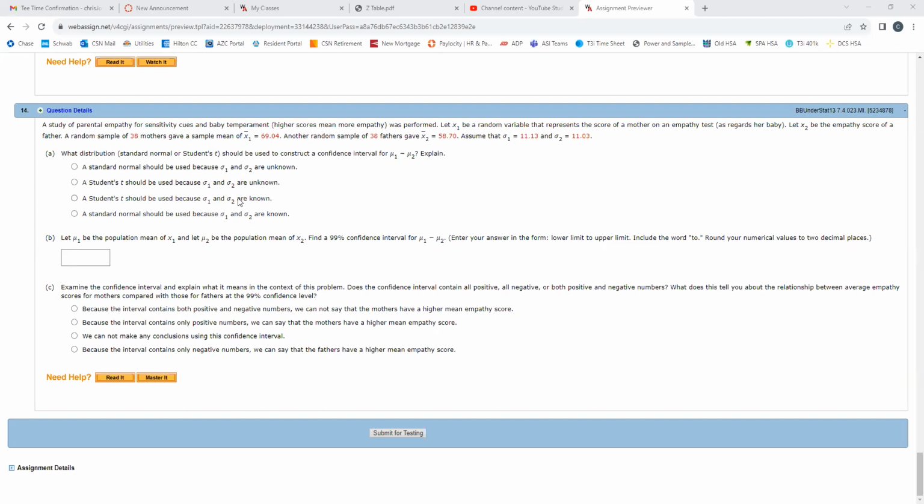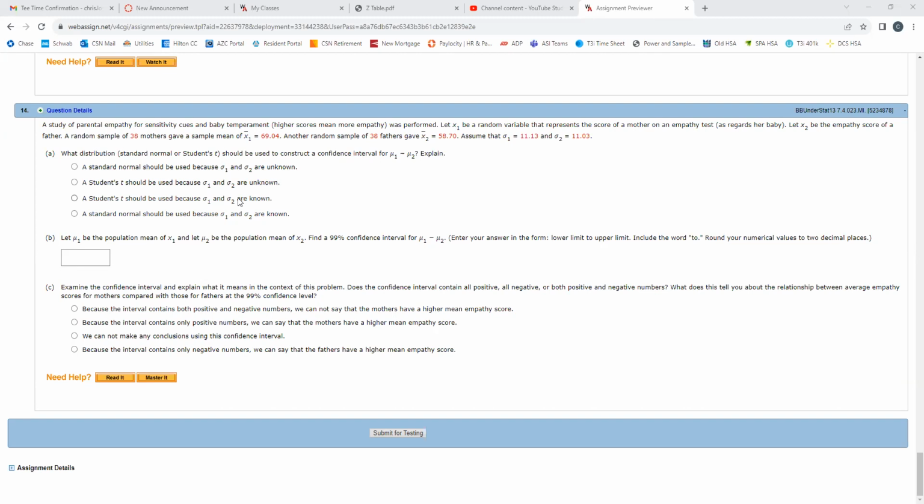So in this one, we're looking at two different groups. A study of parental empathy for sensitivity cues and baby treatments was performed. Let X1 represent the mother and let X2 represent the father. So we want to see if there's a difference in empathy levels for mothers and fathers. We randomly sample 38 mothers, and we see that they have a sample mean X bar 1 of 69.04.